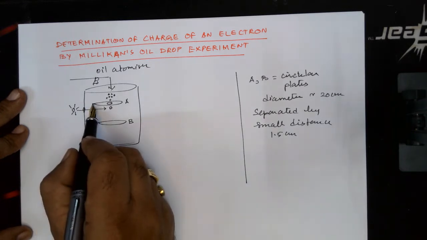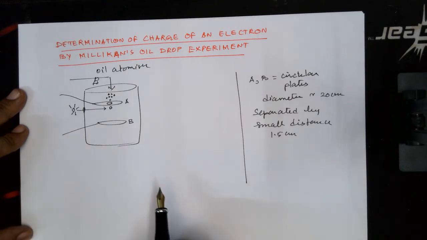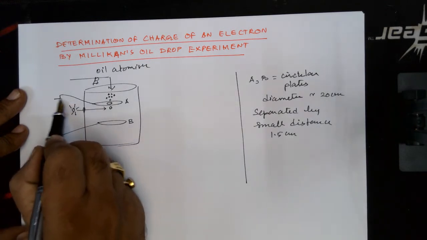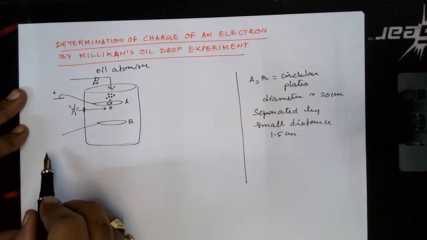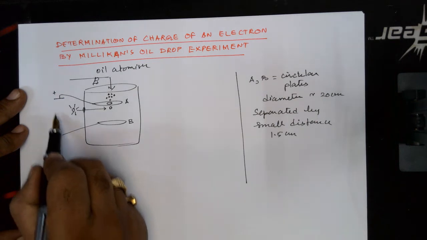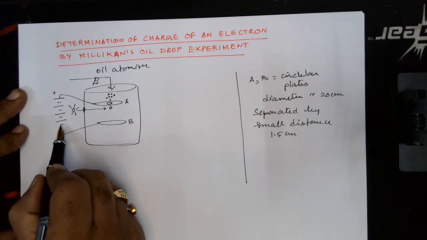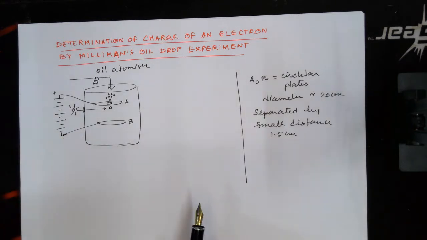And these two plates are connected to the battery with positive charge on the upper side and a negative charge on the lower side.